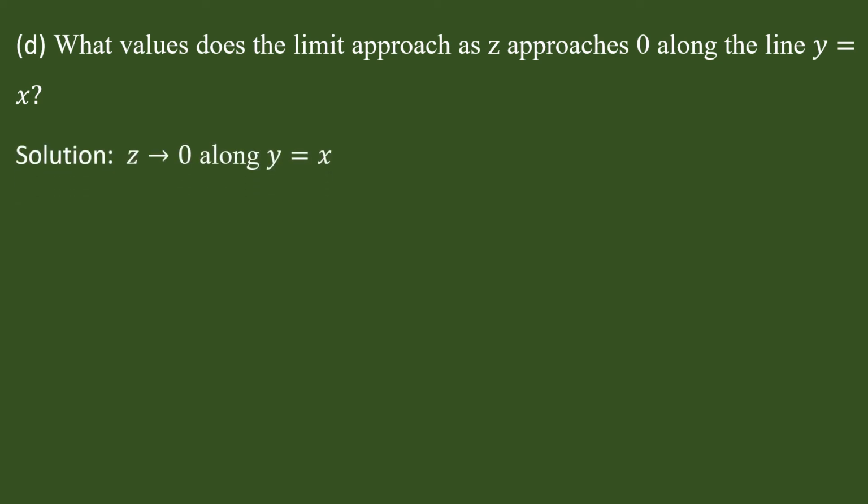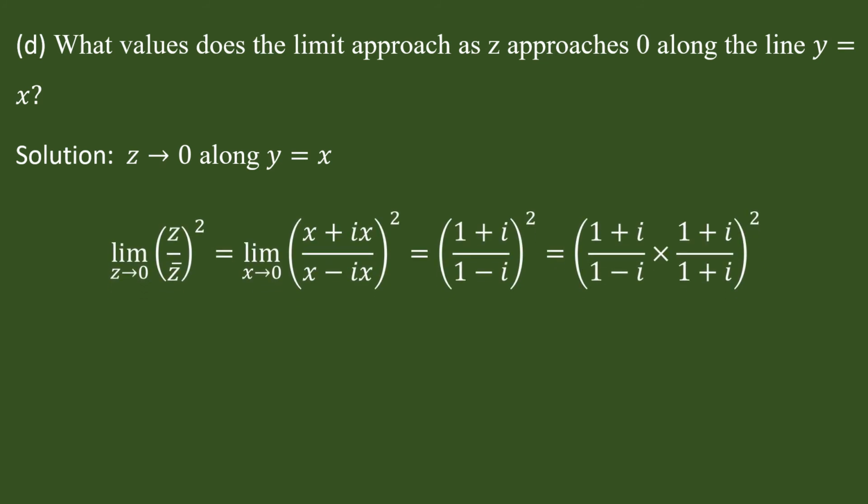So as z tends to 0 along y equals x, we put y equals x in the function, and x tends to 0 in the limit. So in place of x plus iy, we have x plus ix, and in the denominator x minus ix. So x you can take common, so it will be (1 plus i upon 1 minus i) square, and by rationalizing you can get the value.